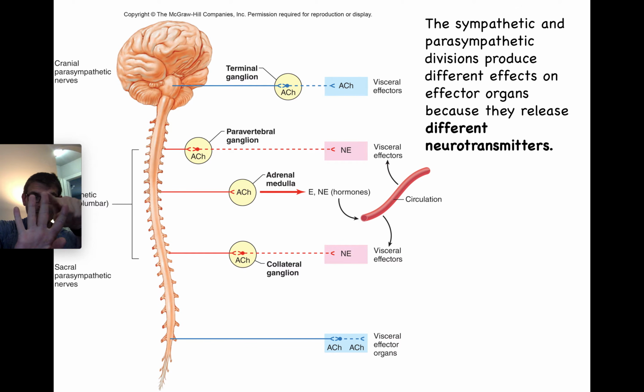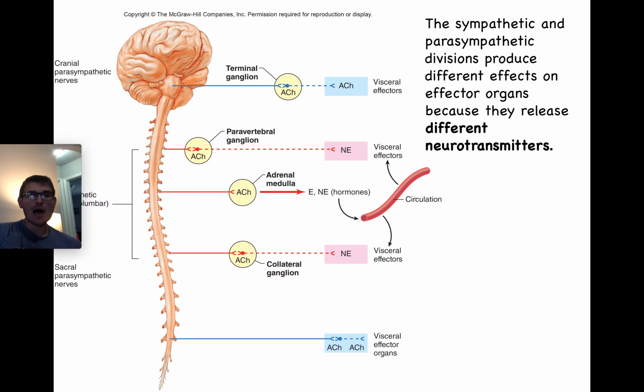Sympathetic, preganglionic and postganglionic, parasympathetic, preganglionic and postganglionic. So theoretically, that means that we could have up to 4 different types of neurotransmitter that we're using. Each one is a possibility of using some unique type of neurotransmitter. That would make our lives kind of complicated, and thankfully that's not going to be the case.